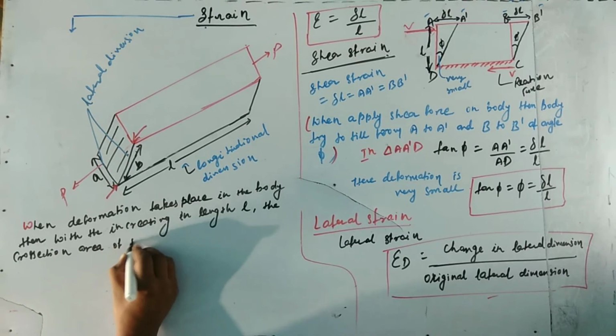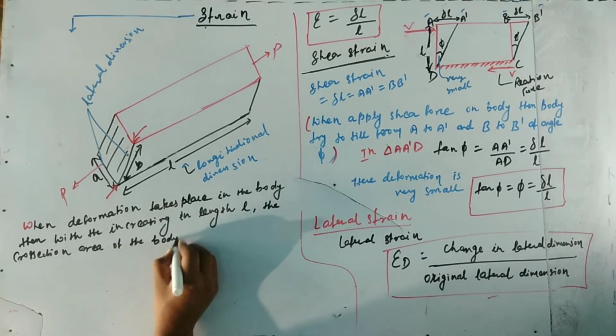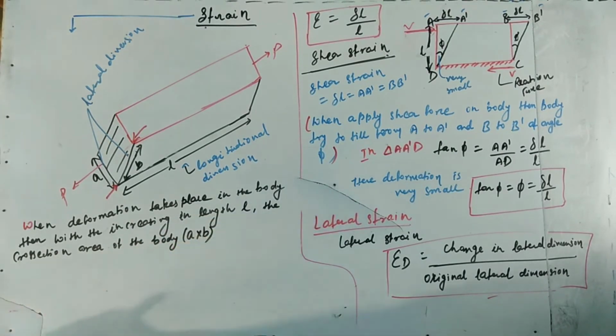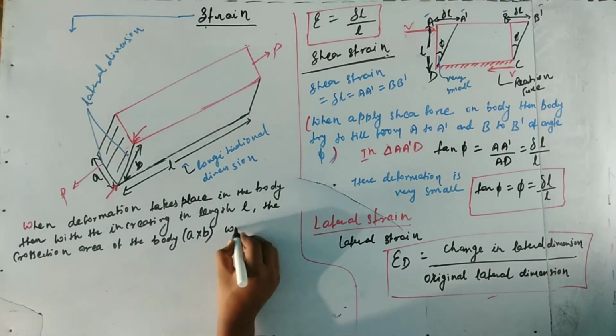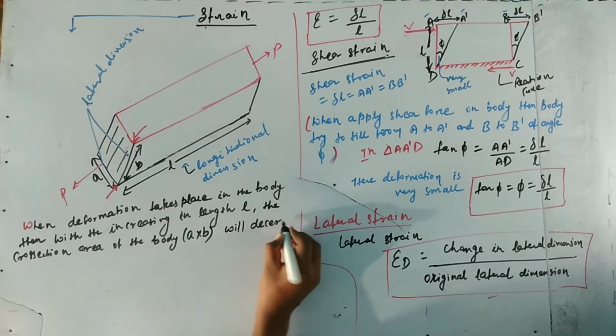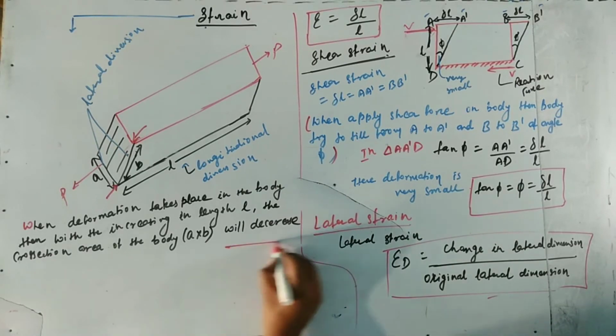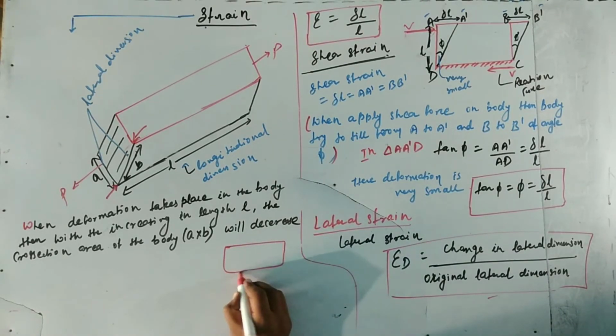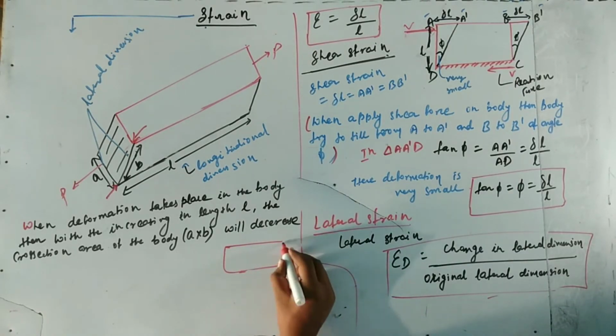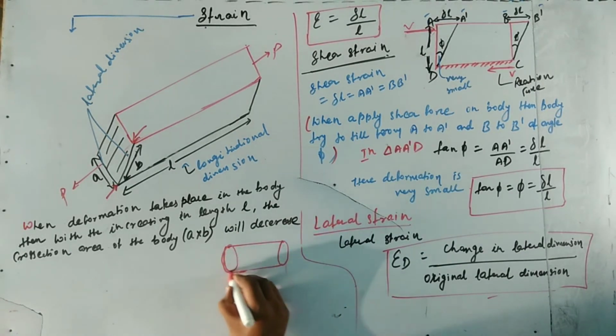It is the lateral dimension, A into B. So the cross section area A into B will decrease, and its lateral dimension will reduce.